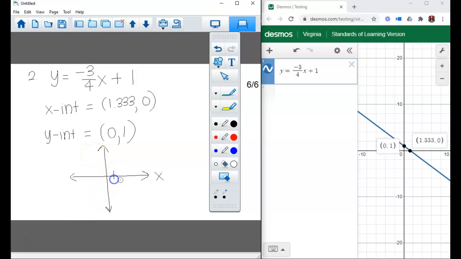So here's 1, here's 2, 1.3 repeating is about right there. And then on my y-axis, I'm at 1. So when you do get these decimals for your x and y intercepts, you'll just kind of have to estimate where those go on the number line.